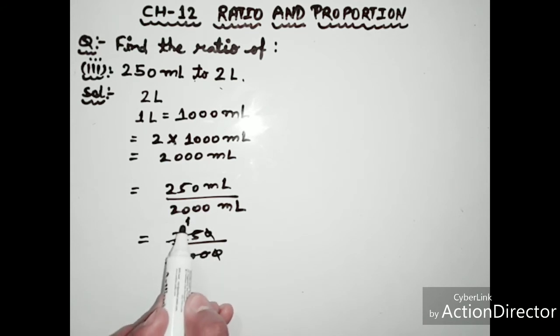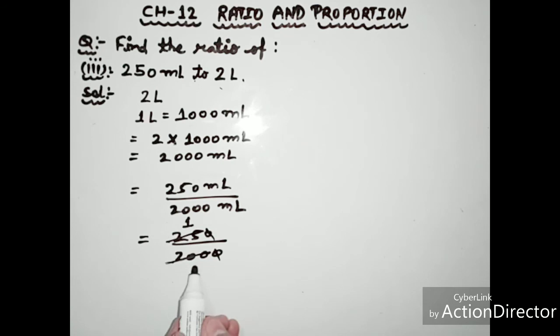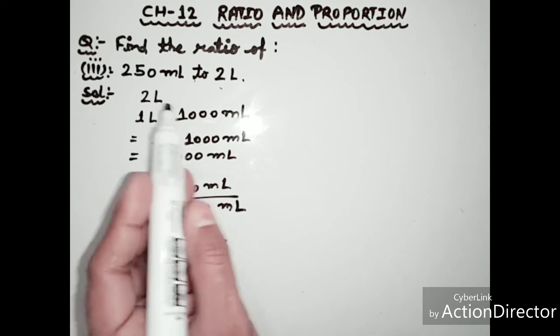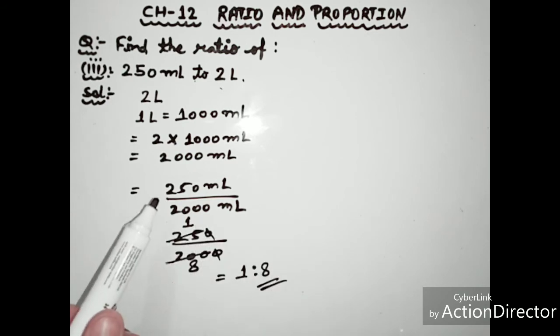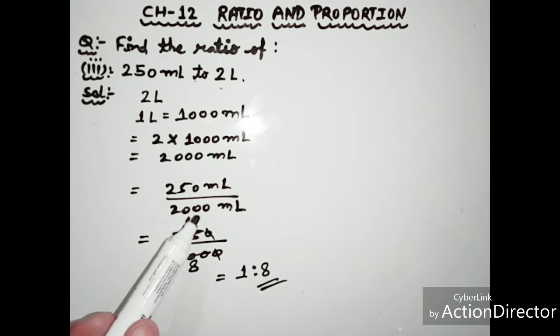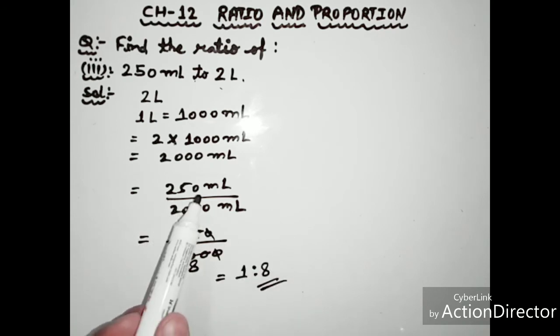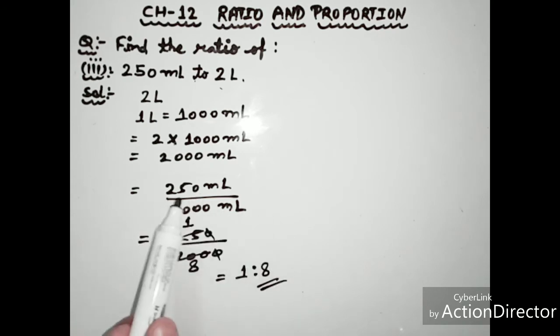So 25 ones are 25 and 25 eights are 200. So the ratio of 250 ml and 2 liters is 1 ratio 8. And here we can also use the HCF method. First we find the HCF of 250 and 2000 and divide 250 and 2000 by the HCF of these two quantities.